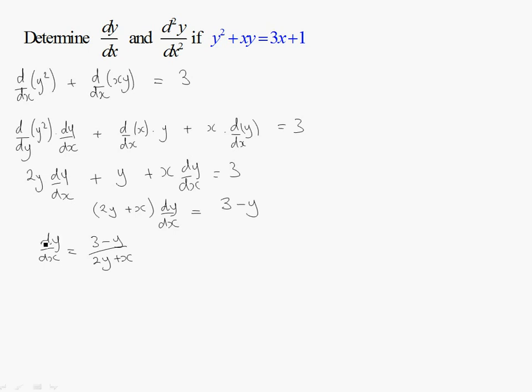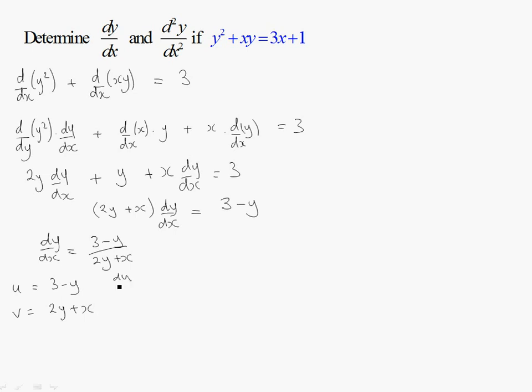Okay, now to find the second derivative, I can just differentiate this. This is a fairly simple quotient, so I'm just going to use the quotient rule on this, exactly as I would before. But again, you have to do things term by term. So the quotient rule has, I'll let u be 3 minus y, the thing on the top, and I'll let v be 2y plus x, the thing on the bottom.